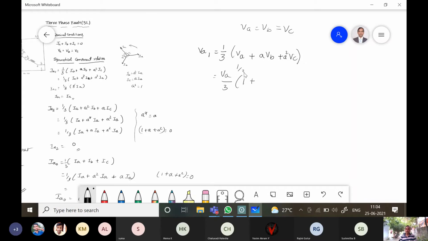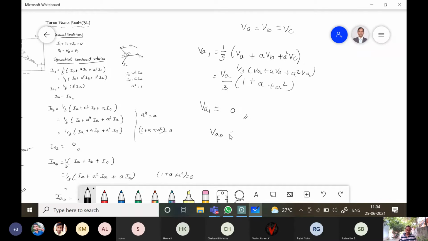So we write once again VA plus A VA plus A square VA. This becomes 1 plus A plus A square. Take VA common, so 1 plus A plus A square is equal to 0. So this VA1 is also equal to 0.